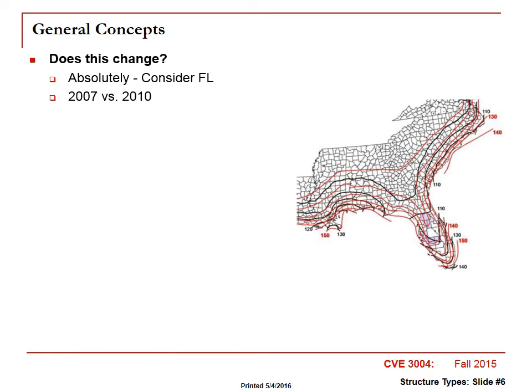And this is just a general concept of how you can see things changing. The International Building Code and the ASCE 7 document came out in 2000. The Building Code came out in 2012, most recent edition. The ASCE 7 document was revised again in 2010.